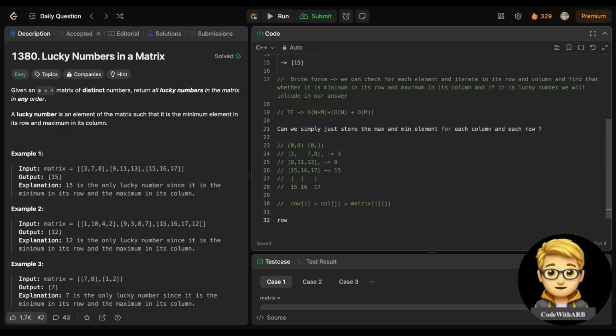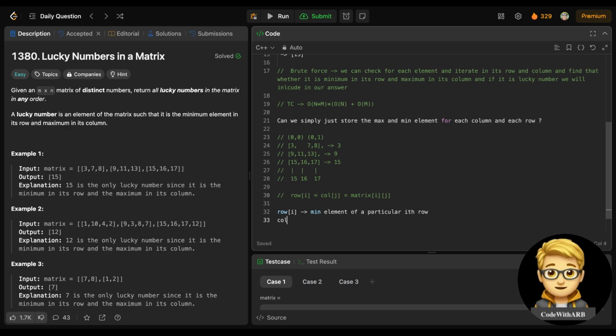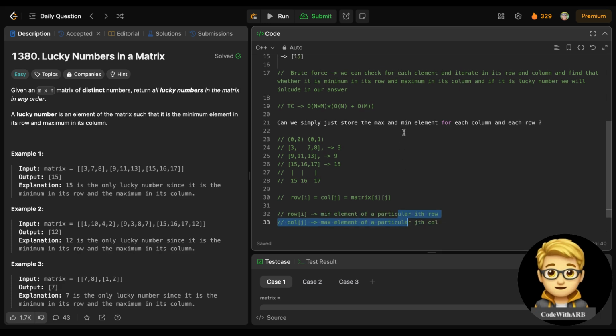Row i will store the min element of a particular ith row, right? And column j will store the max element of a particular jth column, right? This is true. So this is how we can solve this.